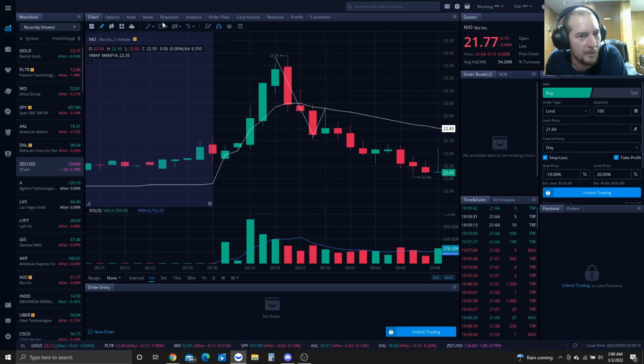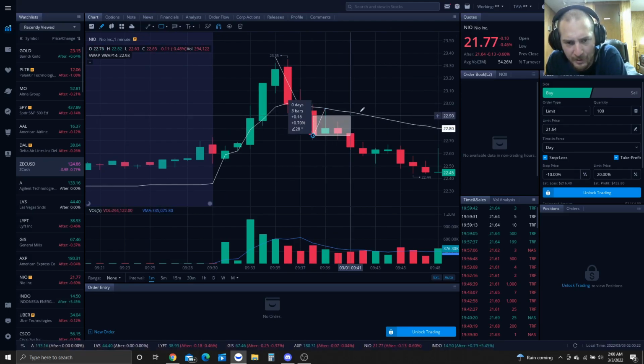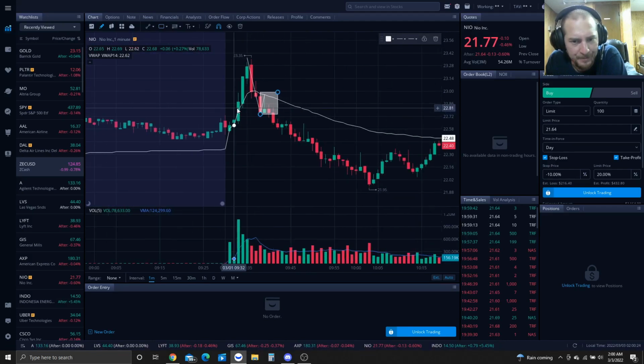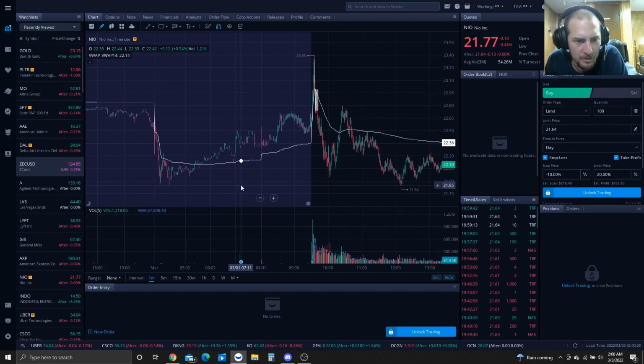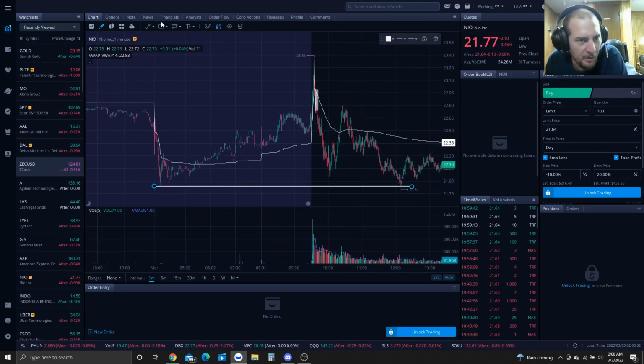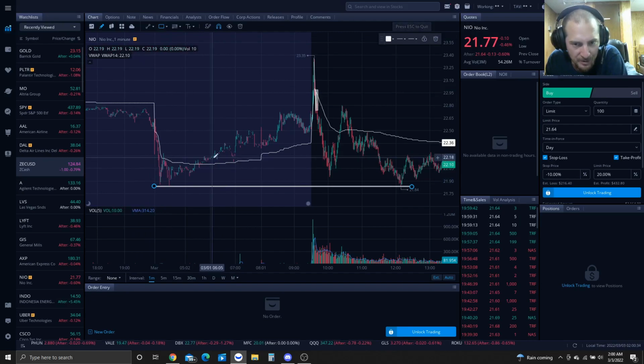Boom. And then right here, when you start to reject that again, you could take a low risk trade one of two ways. So here, and then use this pivot low here as a target, or any of these pivots created in the pre-market, right? So like this one's a good one.